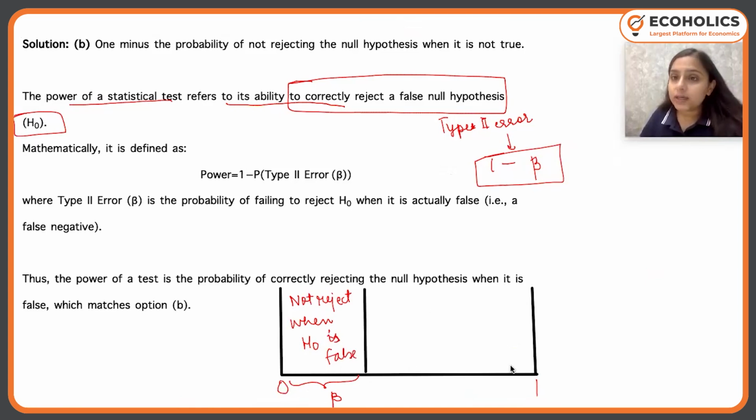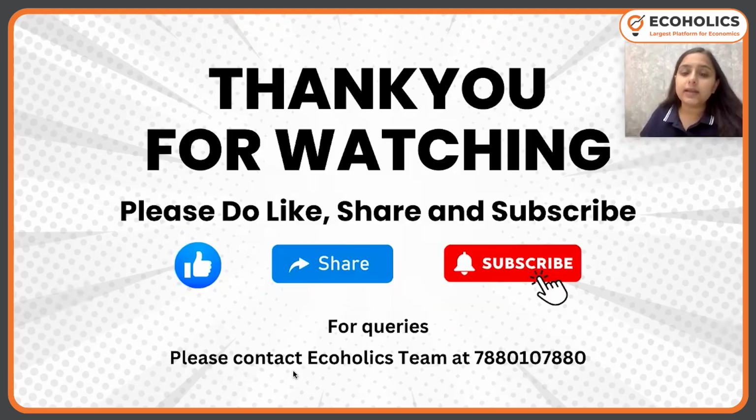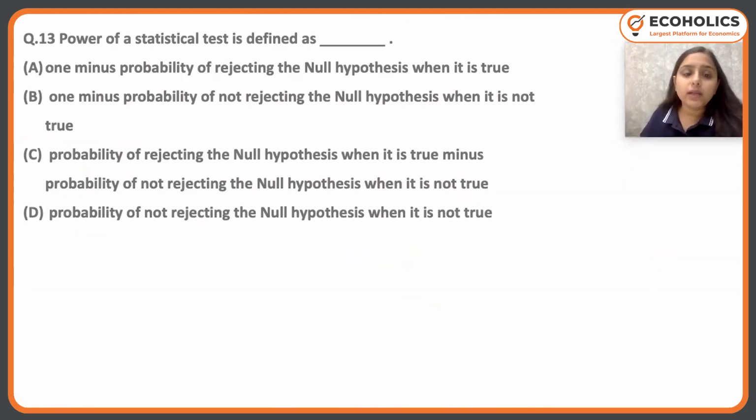So from 1, if I subtract this, I am going to reject when H naught is false. Correct? So that is my power of the test. So according to that, option B, which is 1 minus the probability of not rejecting the null when it is not true, is the correct answer. All right. So option B is my correct option.